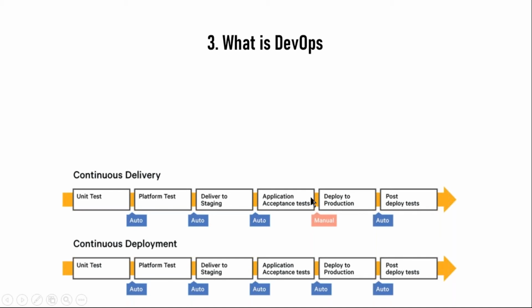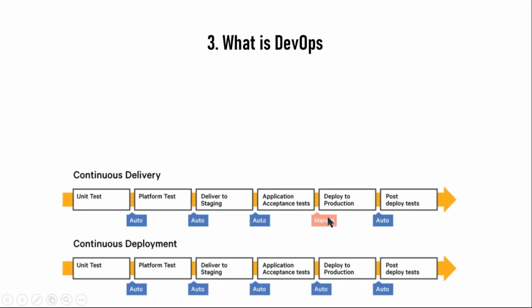Continuous delivery is happening up to the application acceptance test. Till then there is automation, meaning your Jenkins job is testing on different servers. Let's say it has 4 servers: first unit test, next platform test, then delivery stage, then application acceptance test. If all of these are successful, it will go to the next level.